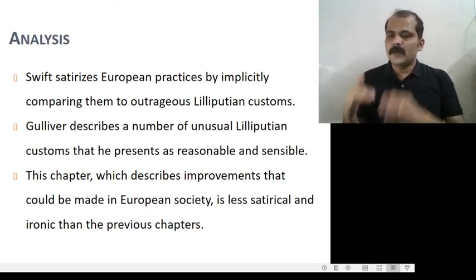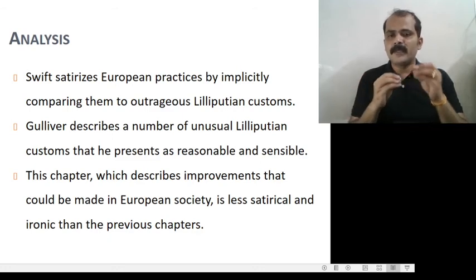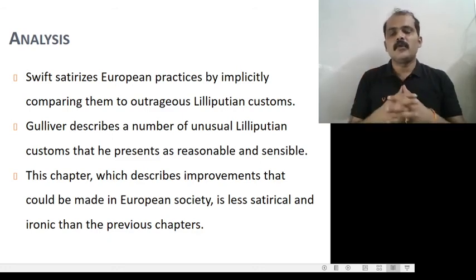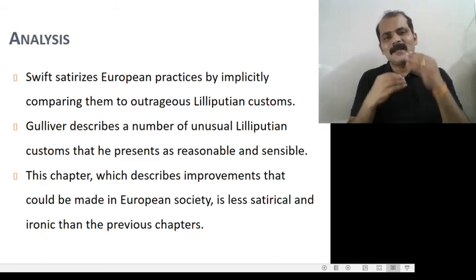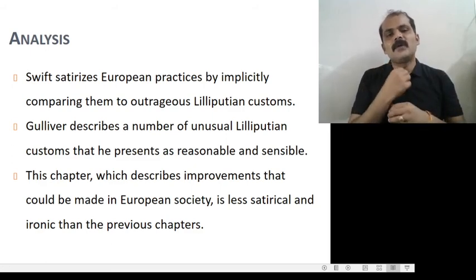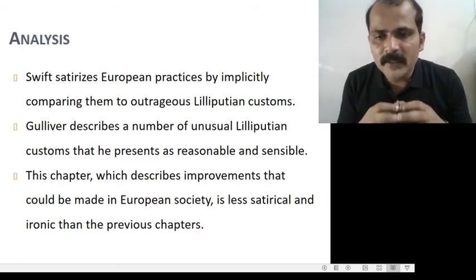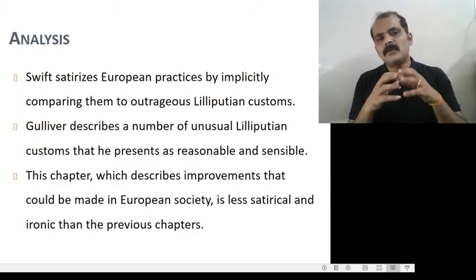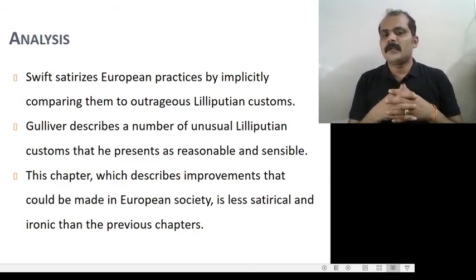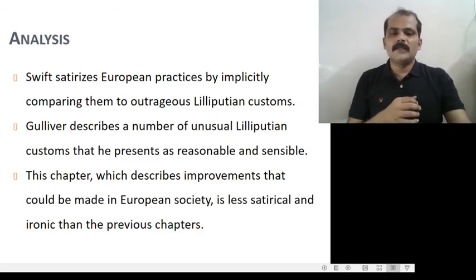This chapter describes improvements that could be made in European society. Indirectly, as I told you, it's a satire to speak about European society. It is less satirical and ironic than the previous chapter. It is not so ironic in this chapter.